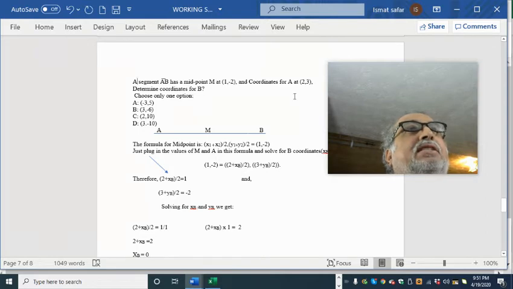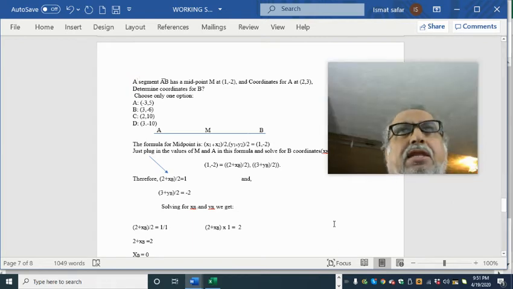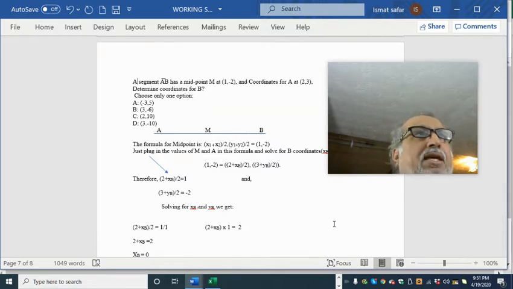I just changed the numbers a little bit, and we are going to go over the little details about the midpoint, point A and point B, and the x and y coordinates of A and B, and we go from there.